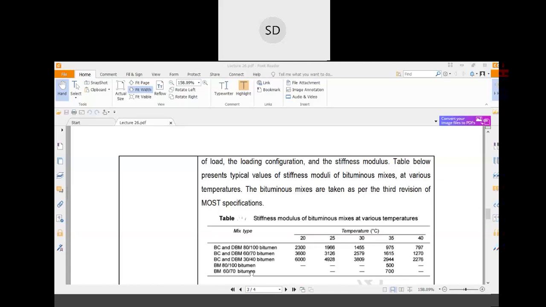So for these, for different temperatures, you will get different stiffness modulus based on the temperature. Now the stiffness modulus will change according to the temperature, because as you know, your bituminous material is highly temperature susceptible.